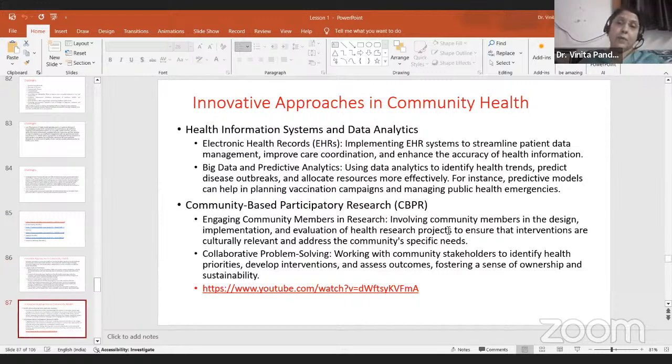Then a lot of innovation is also happening with regard to health information. You might have come across, whenever you talk about artificial intelligence, there is also a branch called data analytics. So data analytics means, whatever data you have, how are you going to analyze that data for preventive measures?